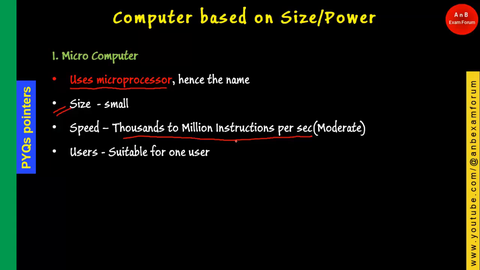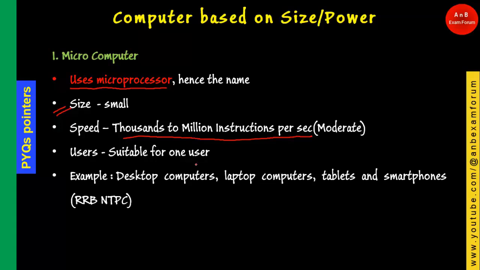And these types of computer are basically suitable for one user. If you have one laptop, that will work fine and that acts as a microcomputer. Examples like desktop computer, laptop computer, tablet, smartphone, these are examples of microcomputer. I will repeat once again that microcomputers are generally small in size and suitable for one user. So you can think desktop computer, laptop computer, tablet, smartphone, those are all microcomputers.